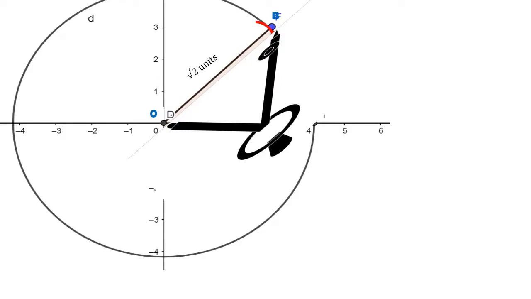Now we have to produce this root 2 on the number line. Take a compass, place its vertex at O and its pencil end at B, and produce it on the number line.